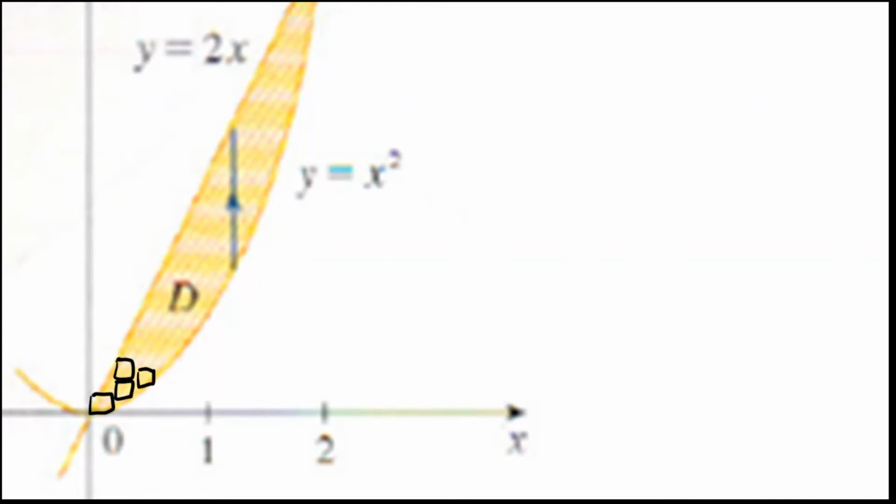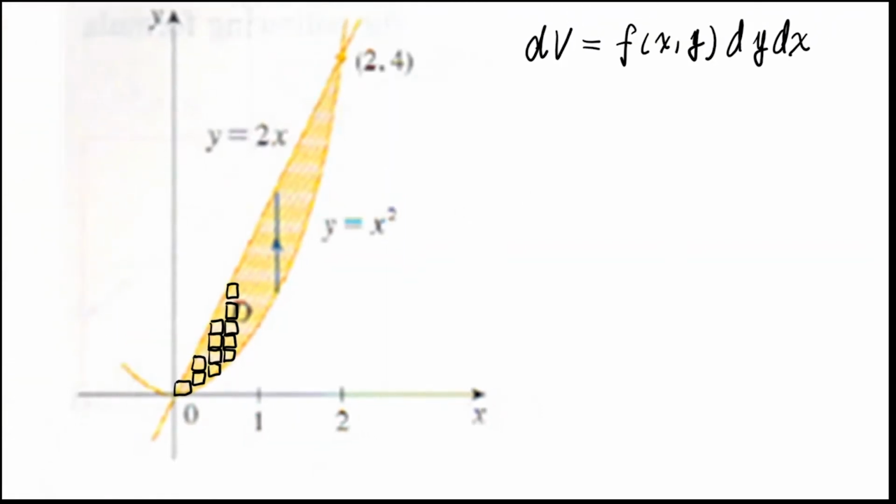Next one you put here, here, and here, and you stop when you hit that curve. Do you see this process going on? And then you stop right here. So the lower limit and upper limit is not from 0 to 4, is it? Do you see that?